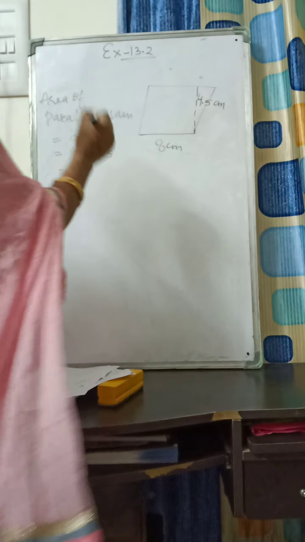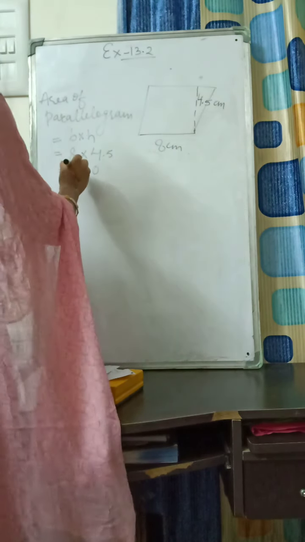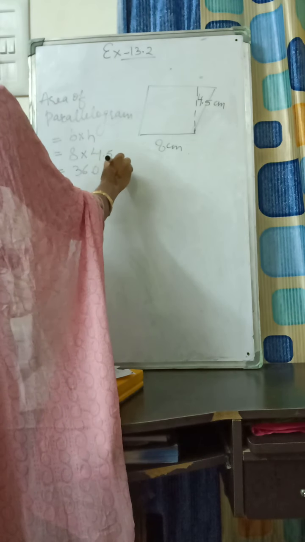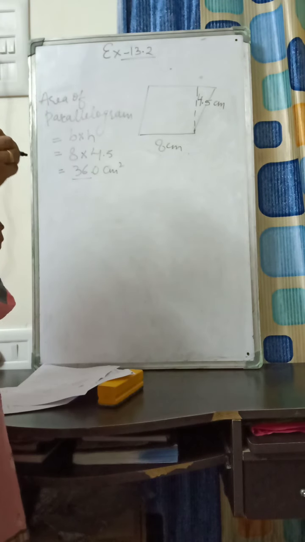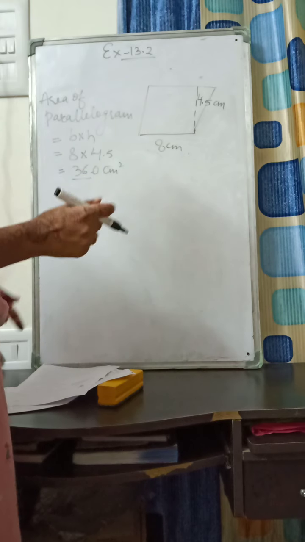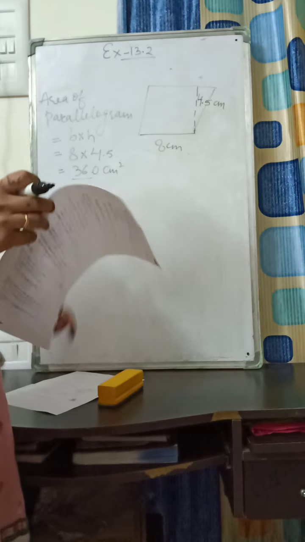So when we multiply 8 by 4.5, we get 36.0 centimeter square. So we can say that 36 centimeter square is the area of this parallelogram. In the same way, we can find the area of the other two parts of this question.